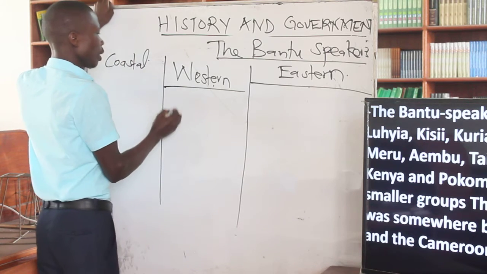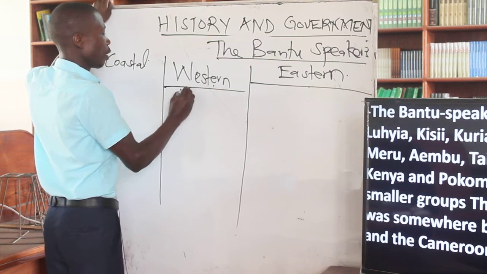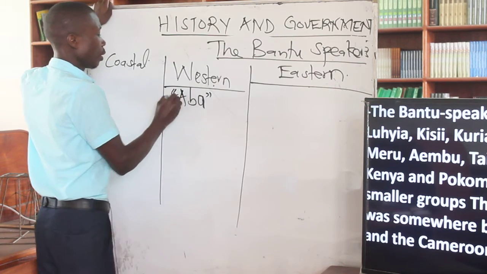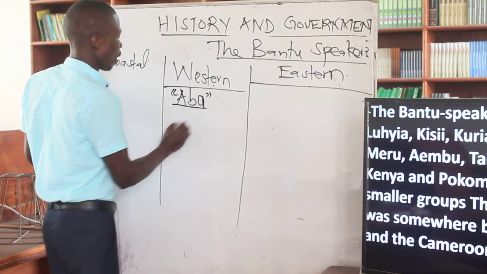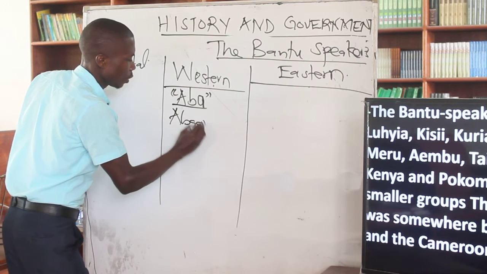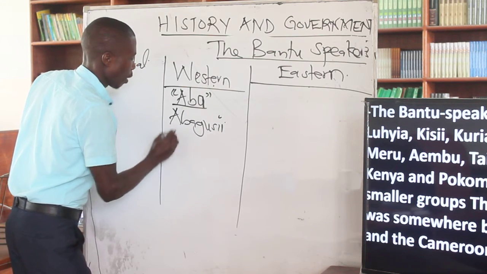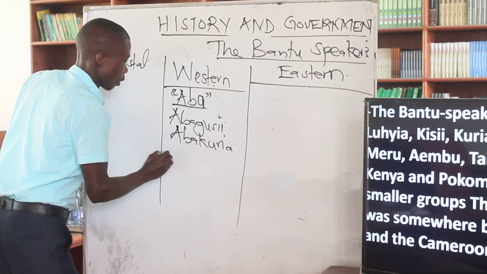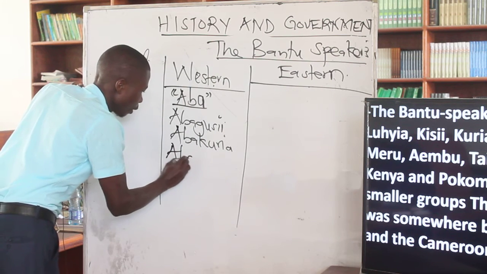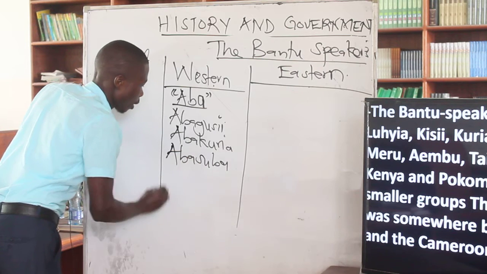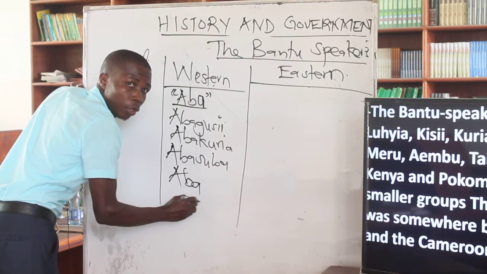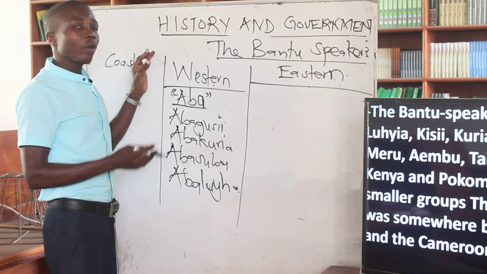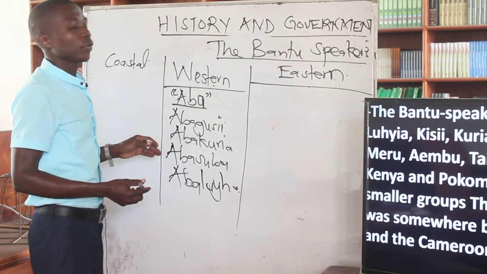So the Western, all of these take Aba. Aba is there for you to think about them: Abagusi, Abakuria, Abasuba, Abaluya, and etc. All of those Aba are Western Bantus.